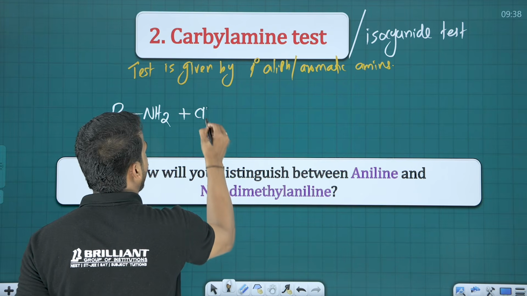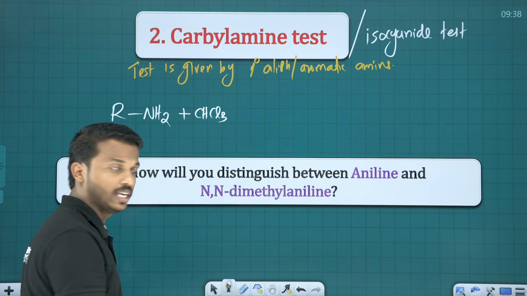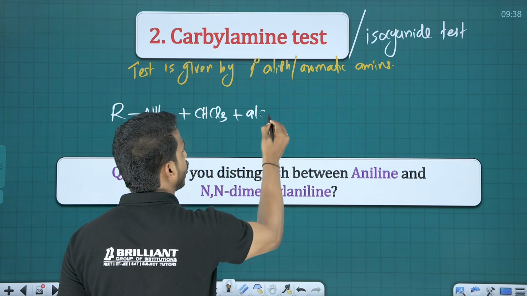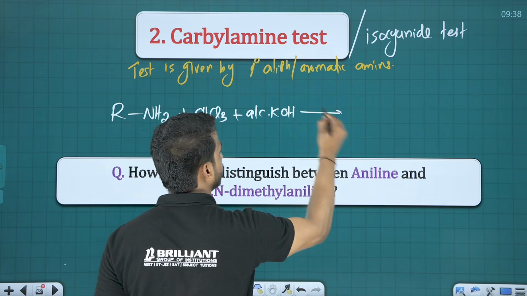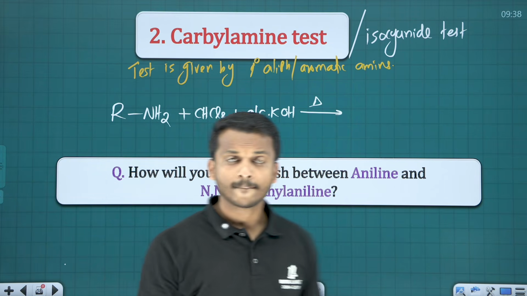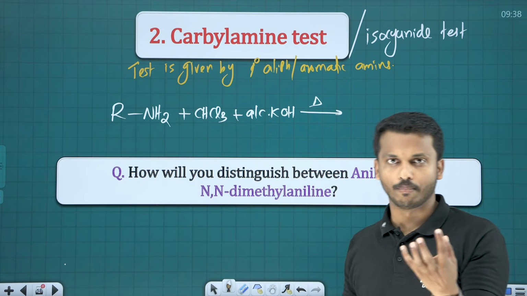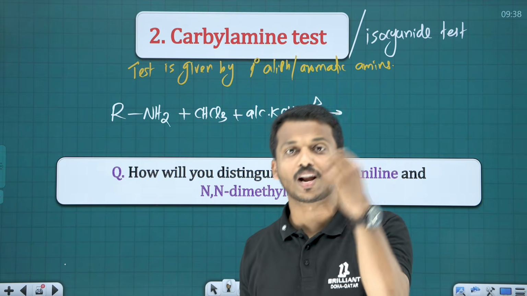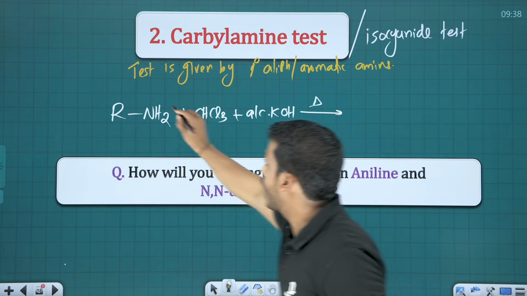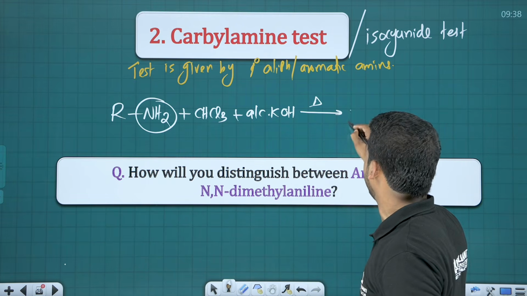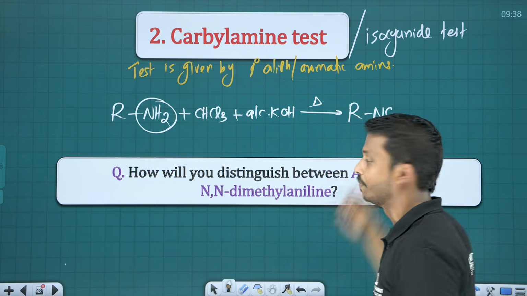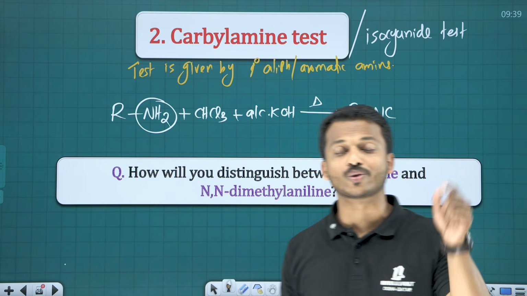It first reacts with chloroform. What is chloroform? CHCl3, along with alcoholic KOH and heat. What's happening here? When a primary amine reacts with chloroform and alcoholic KOH, the amine becomes isocyanide. What is isocyanide? RNC. Therefore, this test is called the isocyanide test.